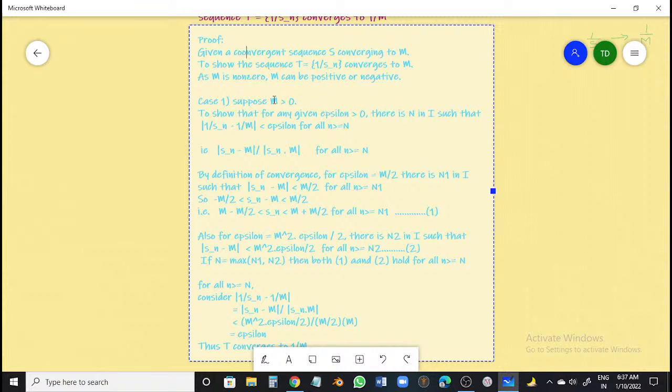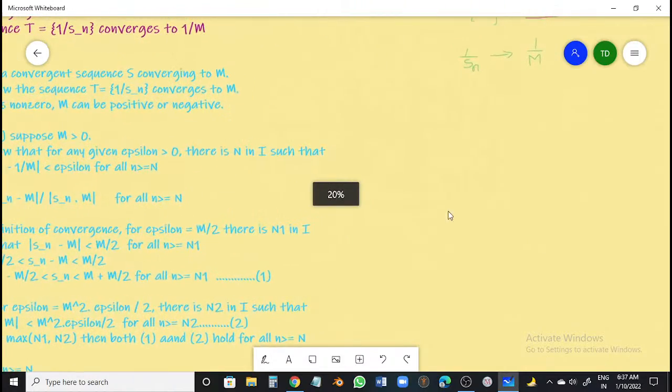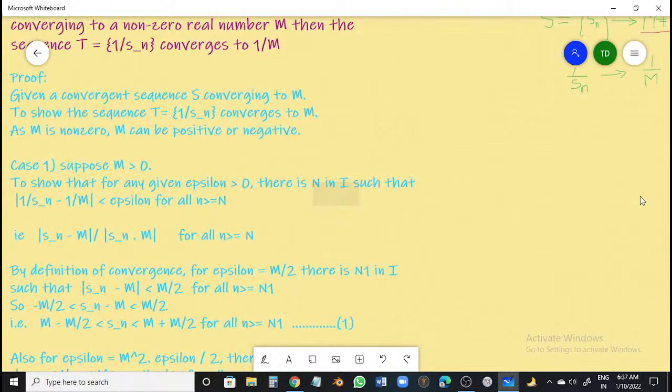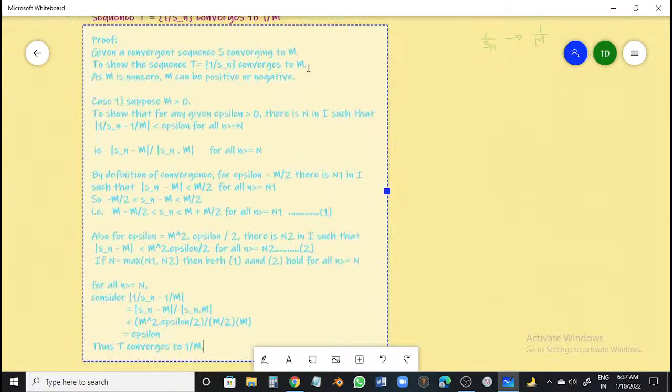So you are given a convergent sequence S which converges to m, and what we want to show is that the sequence T of 1 by Sn, the reciprocals of the terms, converges to 1 over m, not m, it is 1 over m.